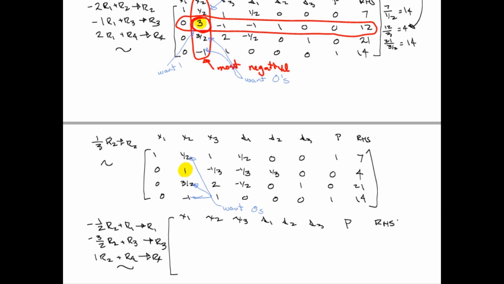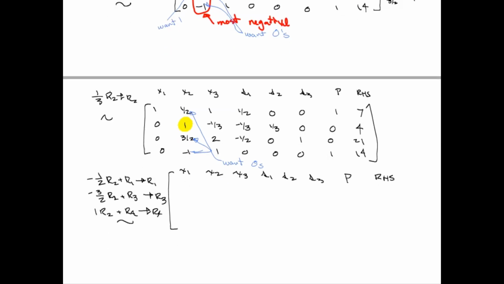Okay, so I've labeled my columns. Now we do those row calculations. My first row, we'll write like this: 1, 0, 7/6, 2/3, -1/6, 0, 0, and 5.